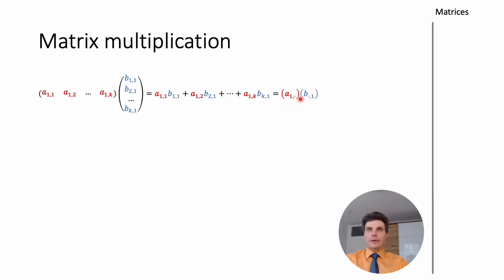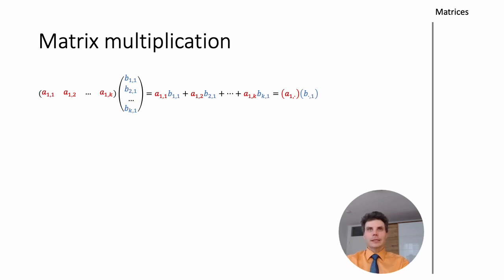And another factor in this product is the second matrix that consists of only one column indexed as 1, with the rows whose index is also vacant, whose index ranges from 1 to k. So that's going to be the short notation for the product of this kind.